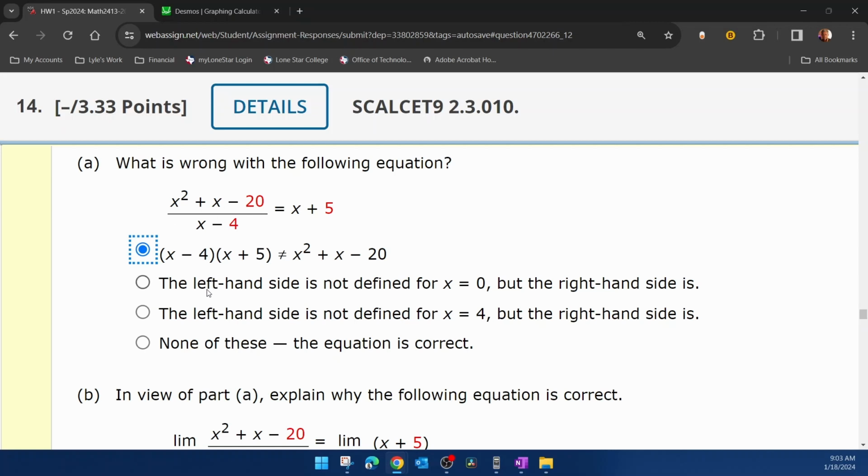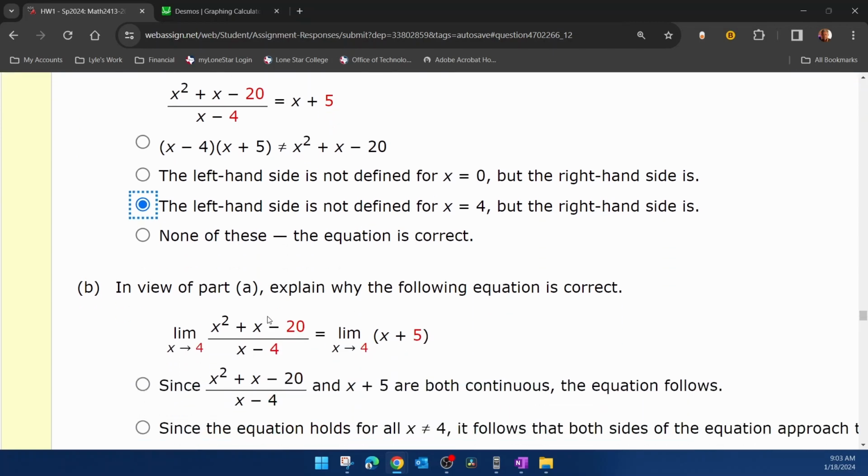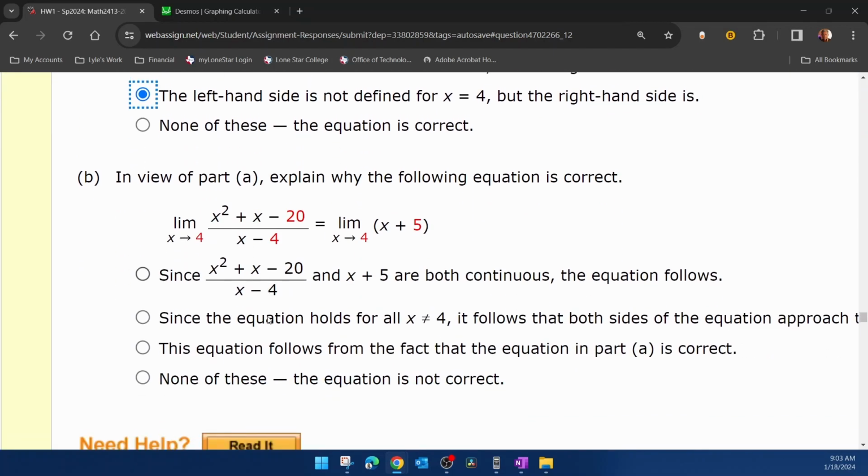All right, second, the left-hand side is not defined for x equals 0. Nope, the left-hand side is not defined for x equals 4, but the right-hand side is. There it is. You cannot evaluate the left-hand side at 4, but you can evaluate the right-hand side at 4. So it's option 3.